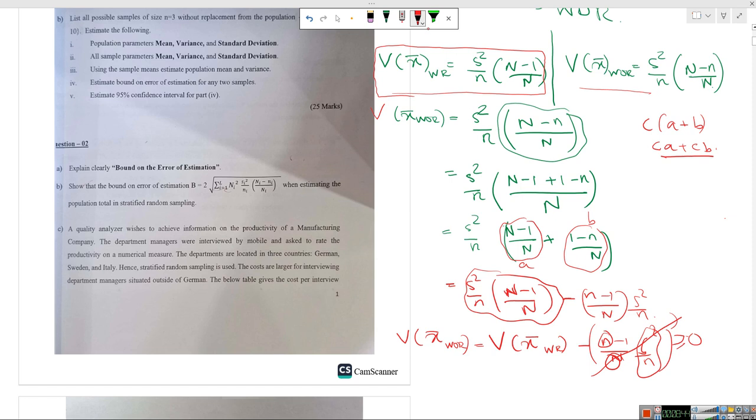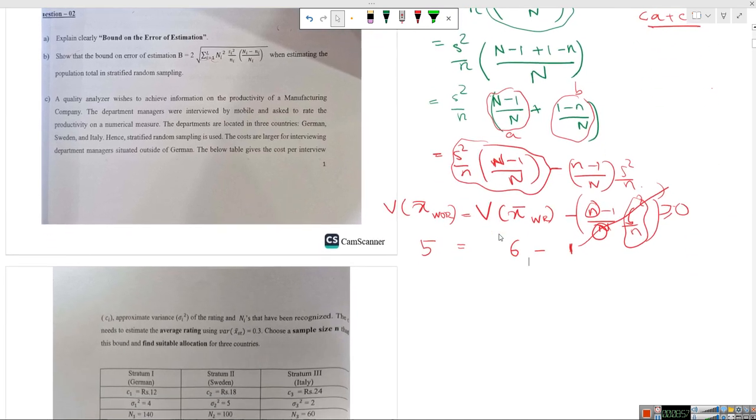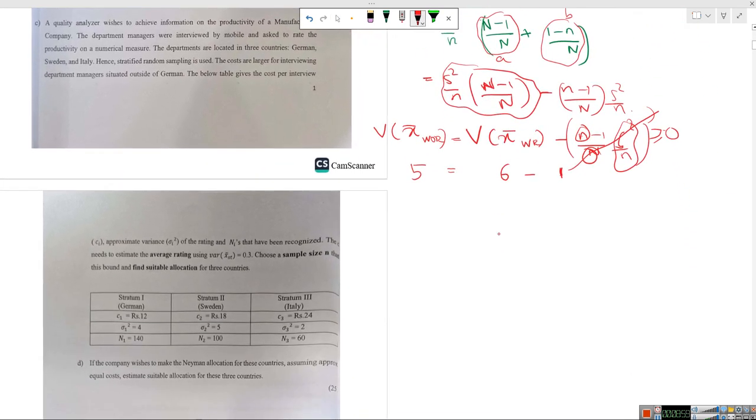So you may tell, like if this is 5 and if this is 1, it should be something like 6 minus 1. So I already made a mistake here. Always 6 is greater than 5, right? So I'm just considering an example in order to write this inequality. So variance of x bar with replacement is higher than that of variance of x bar without replacement.